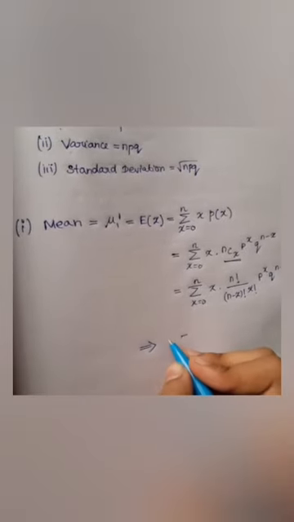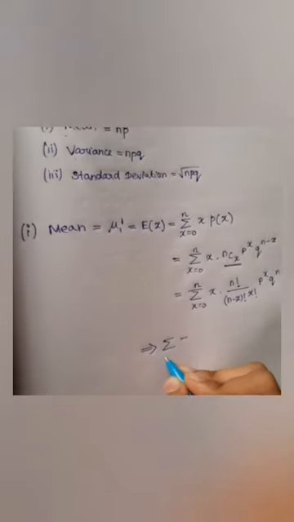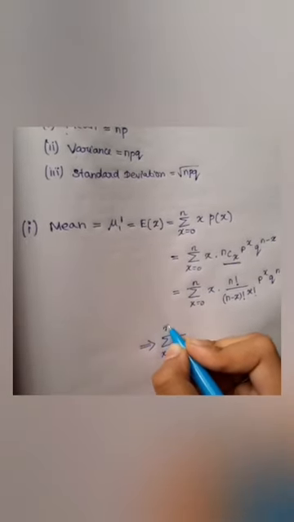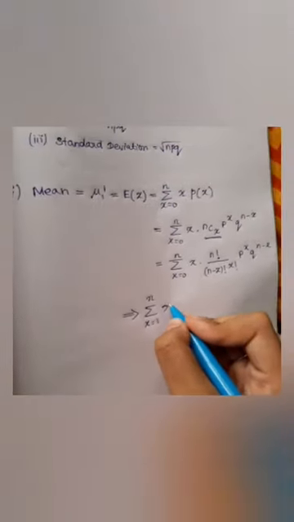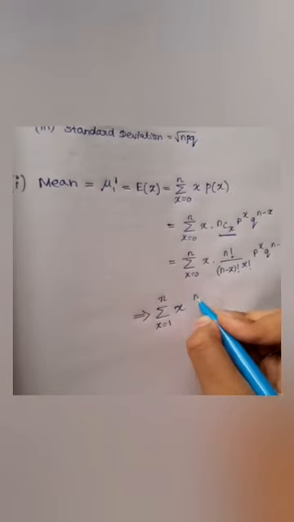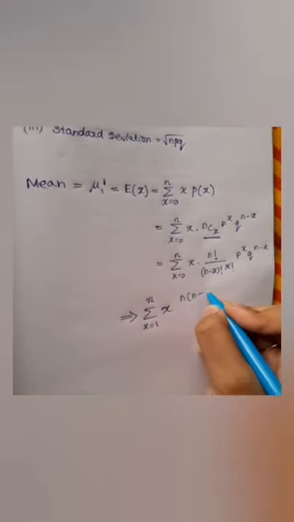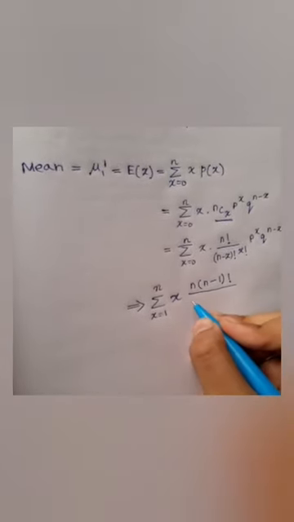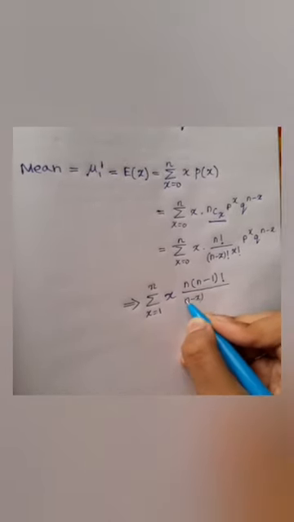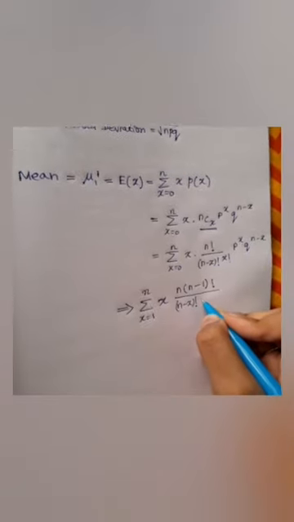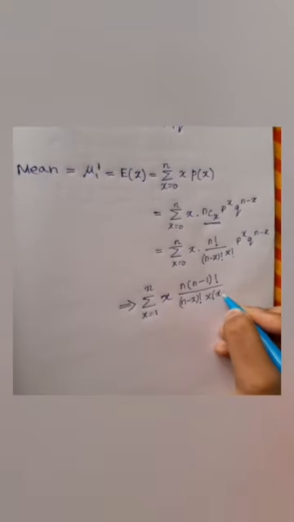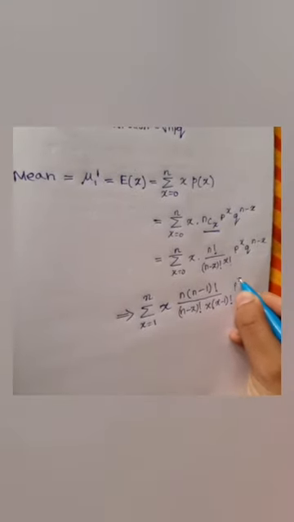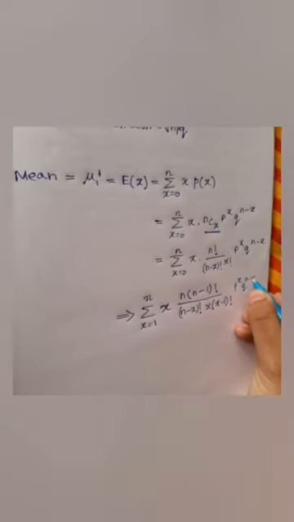Here we apply x equal to 1, and it becomes summation x equal to 1 to n of x into n into (n-1) factorial divided by (n-x) factorial into (x-1) factorial, p^x q^(n-x).